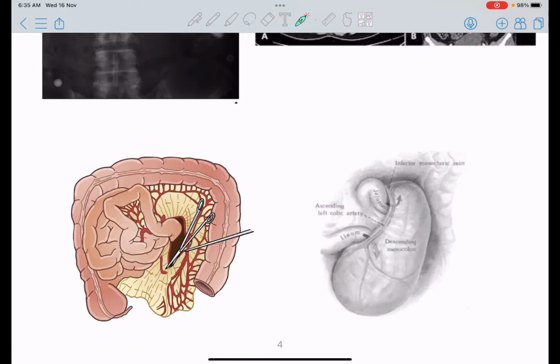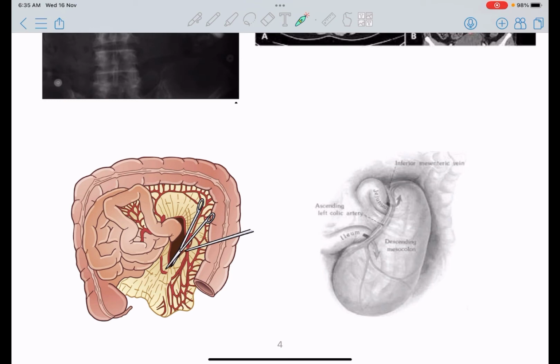According to the literature, reduction of left paraduodenal hernia is easier compared to reduction of the right paraduodenal hernia, because in left paraduodenal hernia we don't have to deal with the superior mesenteric vessels and compromise the blood flow to the midgut. We just have to be aware of the inferior mesenteric vein and stay on the right of the inferior mesenteric vein always.